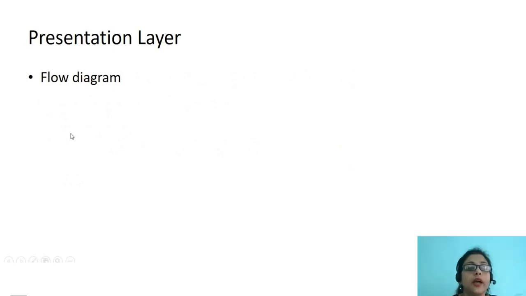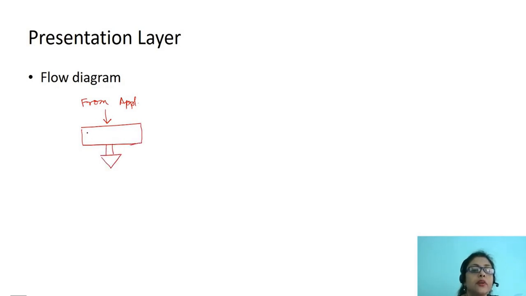Let's look at the flow diagram of presentation layer. Data from application layer will come here and it will go to the presentation layer, and from the presentation layer here compression, encryption or data translation can happen, and here we get the D6 data.